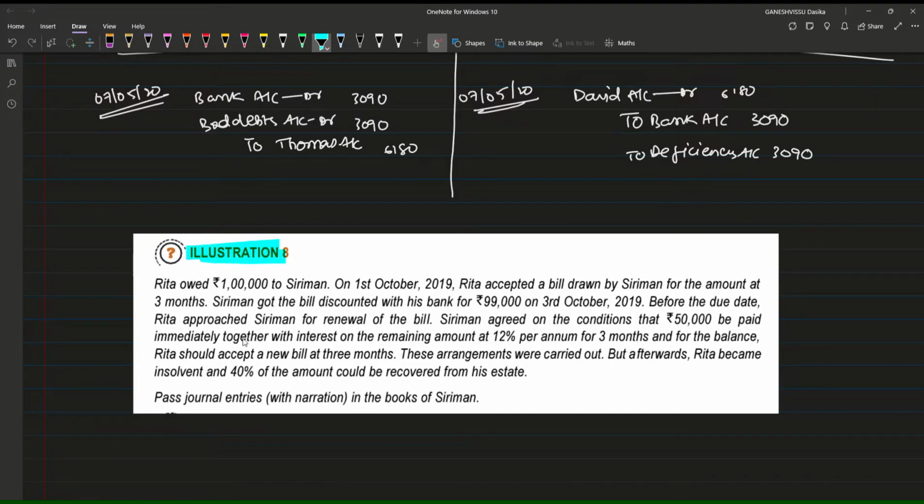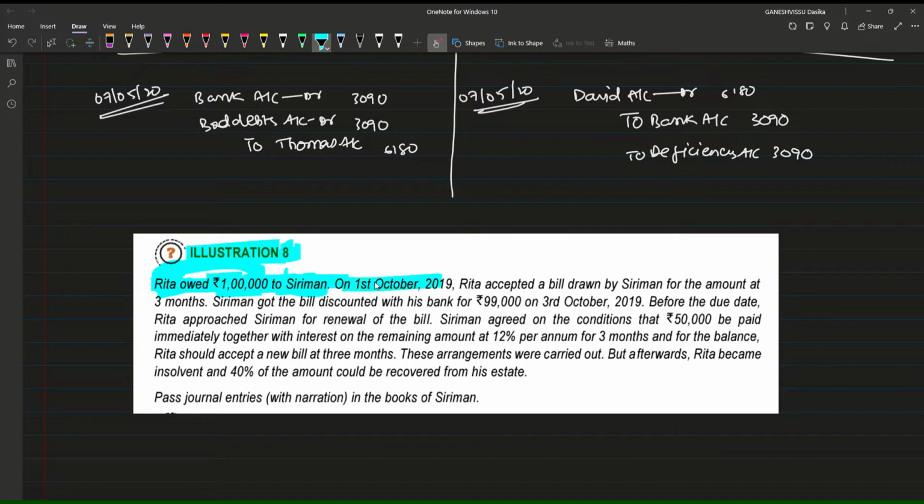Illustration number 8 is the thing. Rita owed rupees 1 lakh to Siriman. That means Rita is owing to Siriman, so Siriman is our creditor and Rita is our debtor.